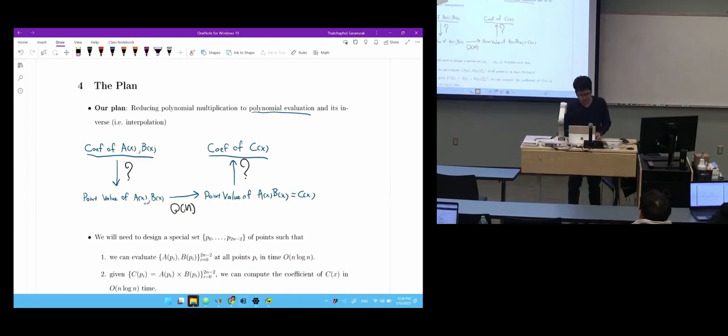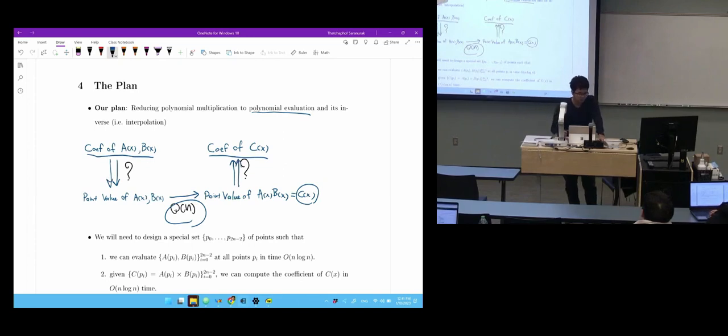And then once I have that, I can get a point-value representation of C very quickly, right? Just multiply them pointwise in O(n) time. That represents C, but it's not the representation that we want, so we need to convert it back to the coefficient representation of C. So that's the plan. We know that at least one step is easy. How do you do the other steps? That's the question.